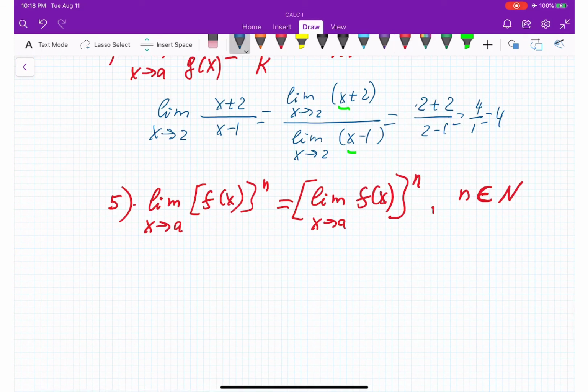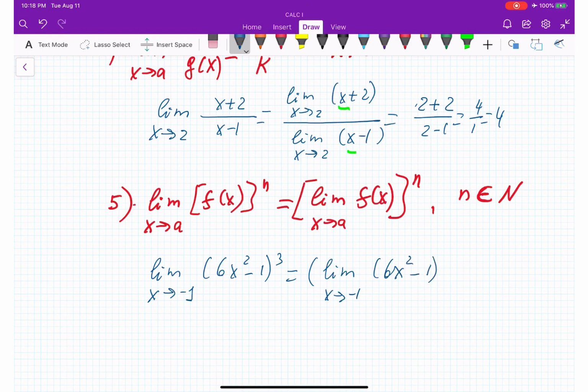Okay, so let's do it. The limit as x approaches -1 of (6x squared minus 1) cubed is equal to, in parentheses, the limit as x approaches -1 of 6x squared minus 1, closing the entire parenthesis, cubed.